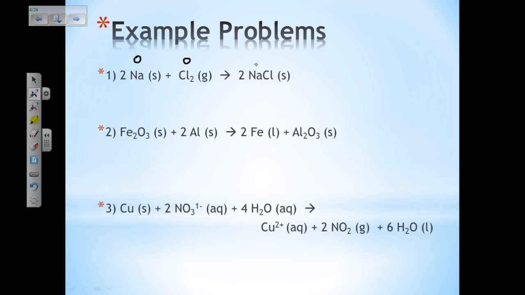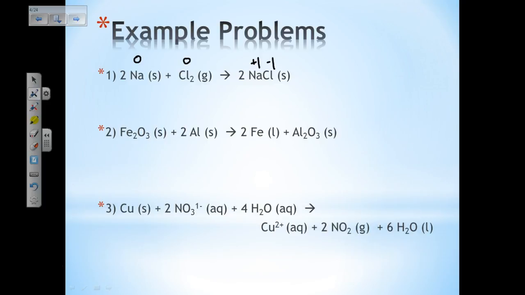Sodium typically has a +1 charge. We're not going to learn a whole new set of rules, we're just changing the word from charge to oxidation state. So sodium has a +1 and chlorine has a -1.